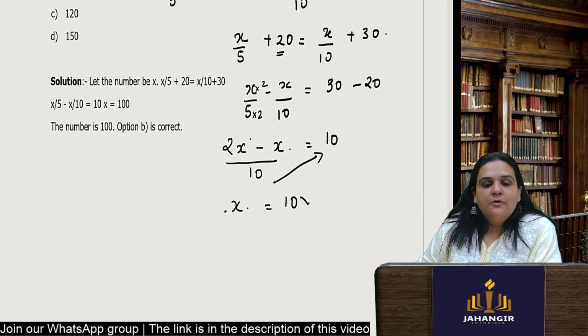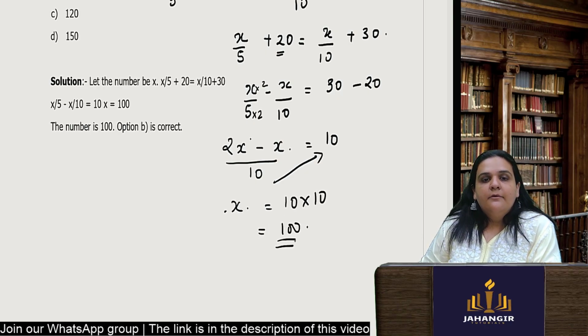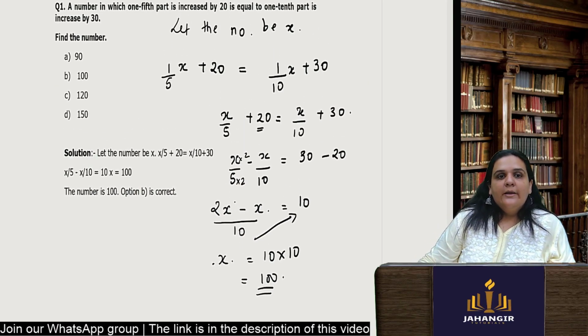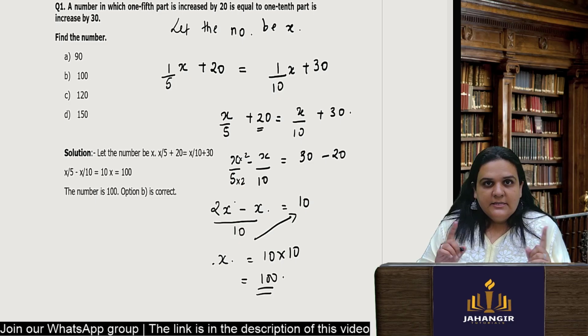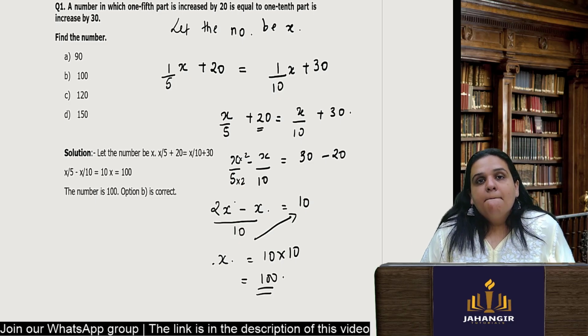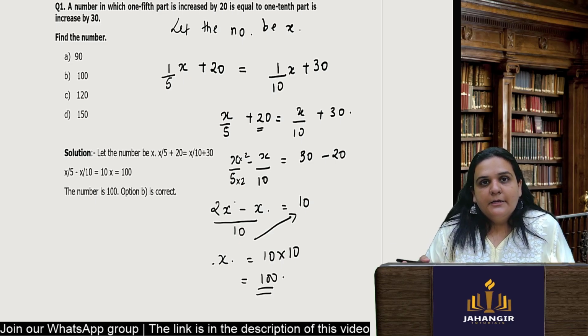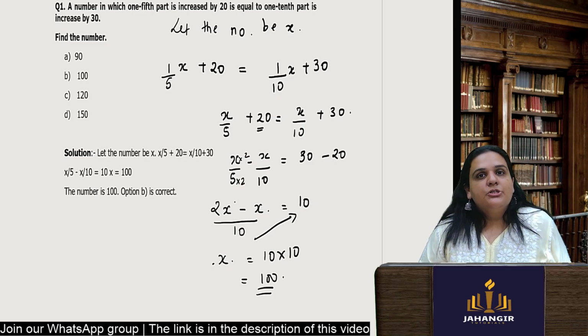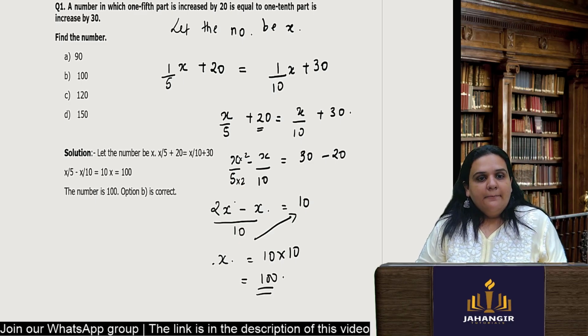So 10 into 10, the answer will be 100. You all know how to solve this, no? Whenever we take any number to the other side of the equal to sign, their signs will change. Multiplication will become division, division will become multiplication, addition will become subtraction, subtraction will become addition.